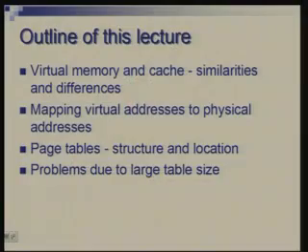That is how the virtual memory organization is made: you start with virtual addresses and map them to physical addresses. This is done using what is called a page table. We will describe the structure of page tables, how they operate and where they are located. One major problem which we will have to handle is due to the size of the page tables.